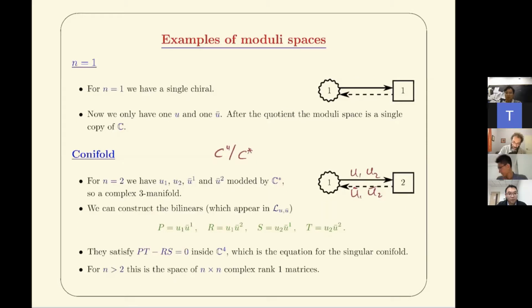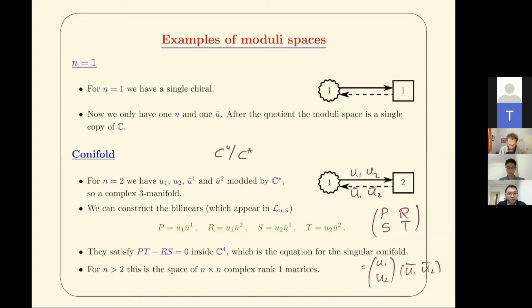And actually a simple way to see what this is, is to write these bilinears of the U's and U bars, P, R, S, T, and they satisfy that the product of them is equal to 0 by construction. So I can also write them as a matrix P, R, S, T, which of course is equal to whatever it is, U1, U2, U1 bar, U2 bar.